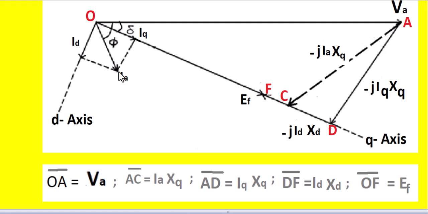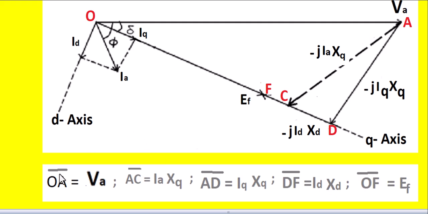Then calculate the Iq and Id values, one in the D axis, the other in the Q axis. The angle between this Ef and Va is nothing but delta, also called the power angle, whereas the power factor angle is the angle between Va and Ia, which is represented by phi.